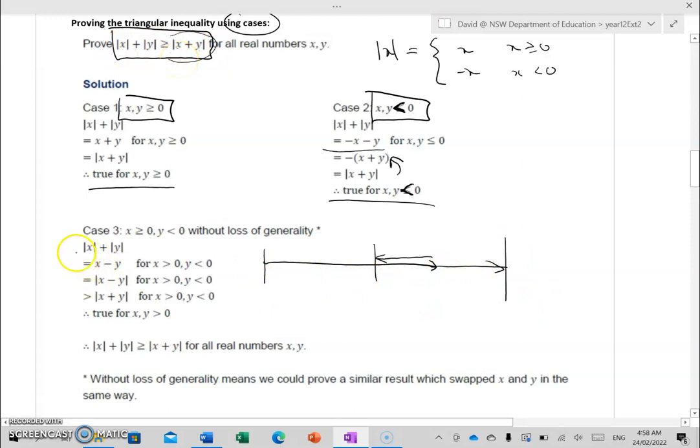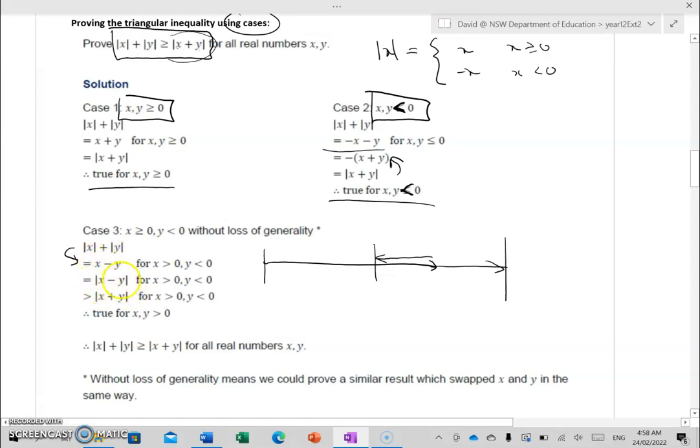So this step to this step should make sense, because y is less than 0. That's why it's negative y there. And because x is positive and y is negative, this whole thing is going to be positive. So we can absolute that.